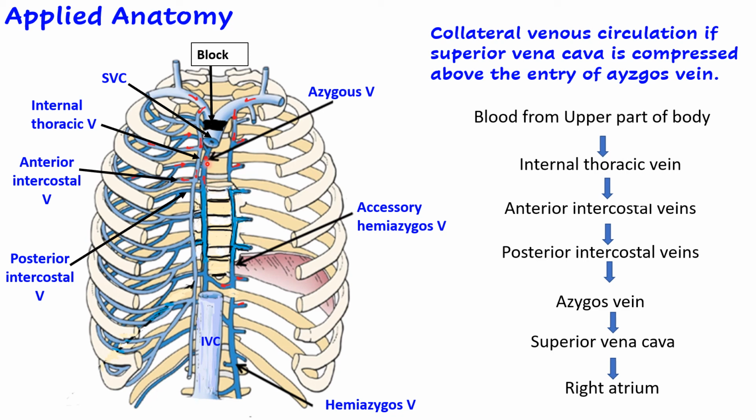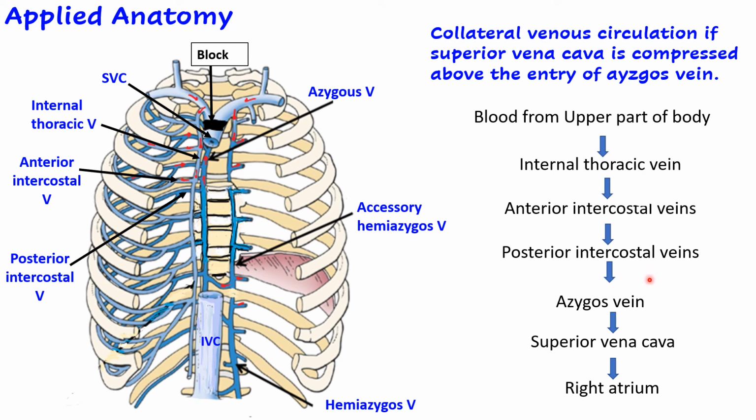So briefly I'll state again, if there is a block in the superior vena cava, obstruction is there, compression is there above the opening, the small blue colored opening of the azygos vein in the superior vena cava, then how does the blood go? The blood is going to flow backwards here, right? So blood which is coming from head and neck and from the upper limb will pass to the subclavian vein and to its tributaries, that is the internal thoracic vein, then anterior intercostal vein, which anastomoses with the posterior intercostal vein.